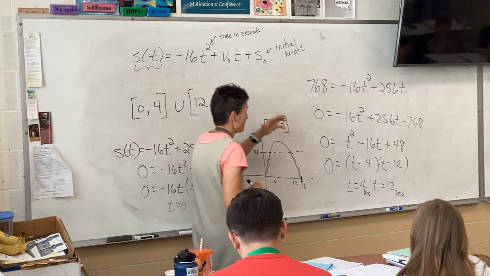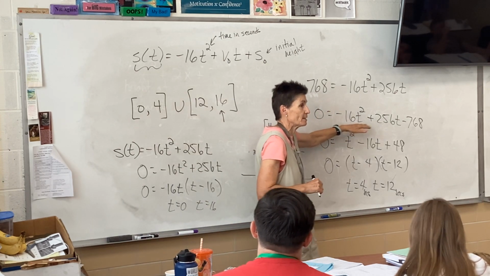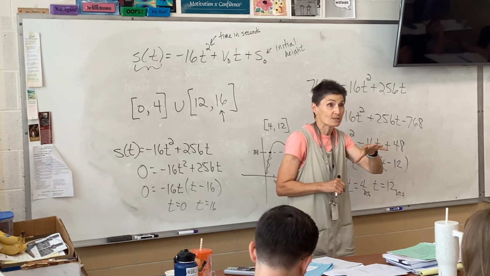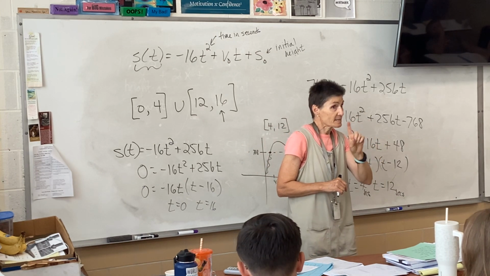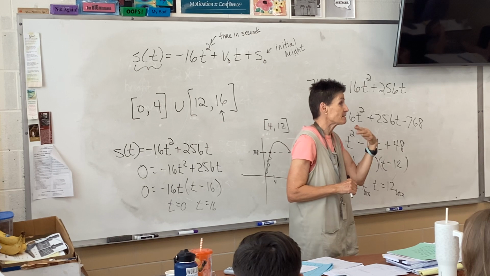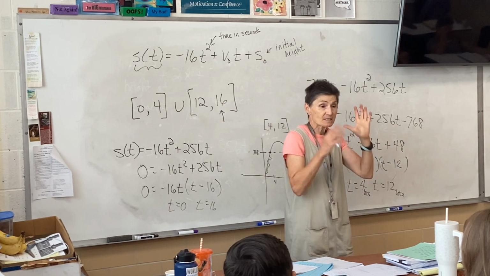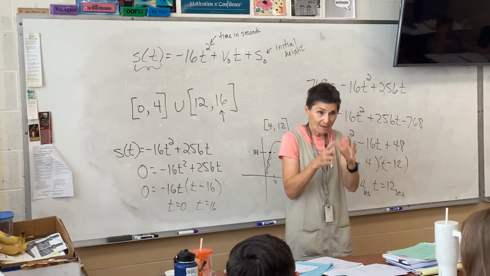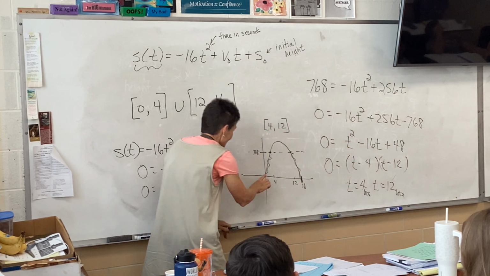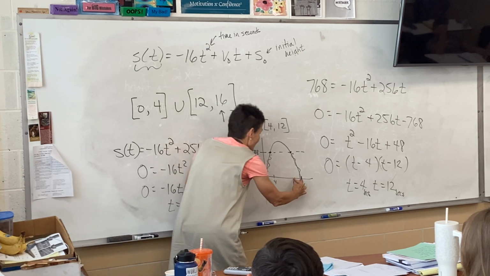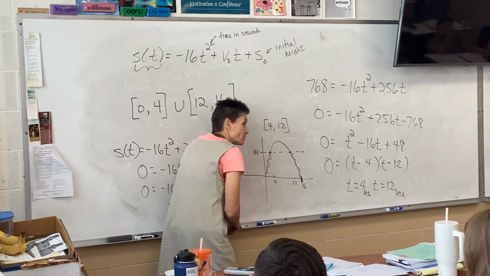This equation right here is a parabola, and parabolas are symmetric figures. This is not a perfect model. You've got things that could be included like wind and stuff like that, but this is the best we've got, and it's symmetric. So if this right here was a span of 4 seconds, then this right here is going to be a span of 4 seconds.